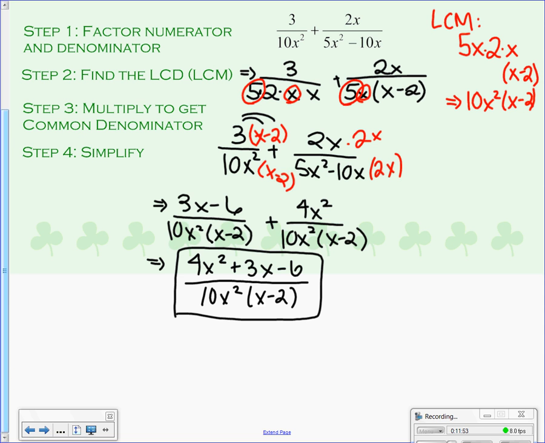Okay, but do you need to distribute or leave it as 3? I would distribute what you have in the numerator on these problems because a lot of the times you're going to end up with a quadratic that can be factored.